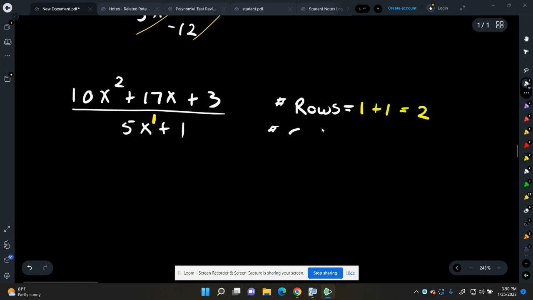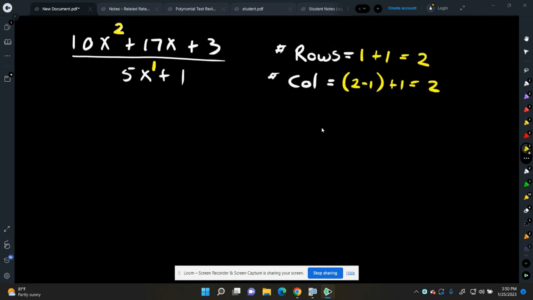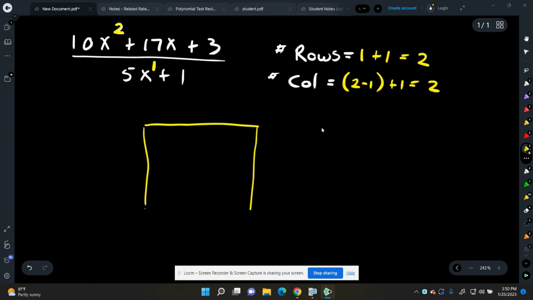How many columns? It's the difference between the top and the bottom. So here's a 2. So the difference, 2 minus 1, plus 1. So we get 2. So this is a 2 by 2 again. Okay.